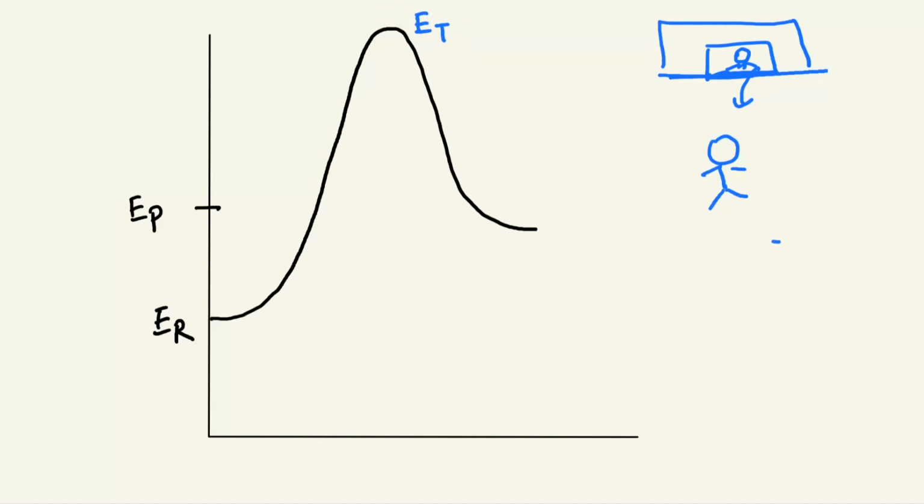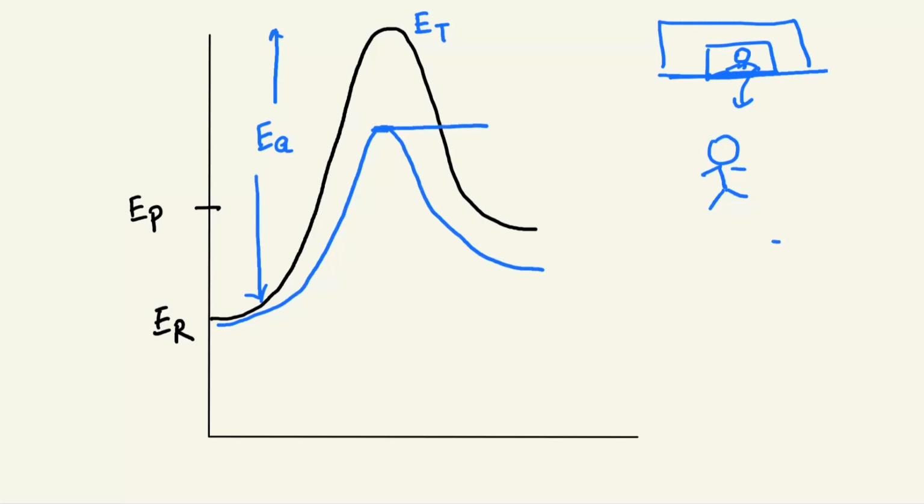So the minimum energy that the reactant molecules must acquire in order to reach this threshold energy is what we call the activation energy. Suppose I have a reaction whose threshold energy is this, you see E_T over here.